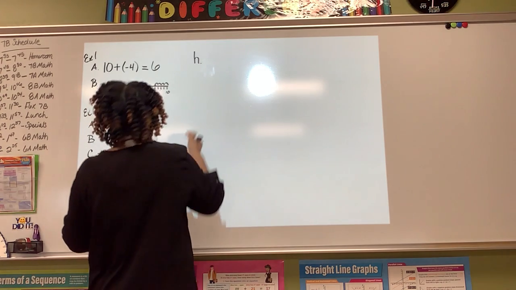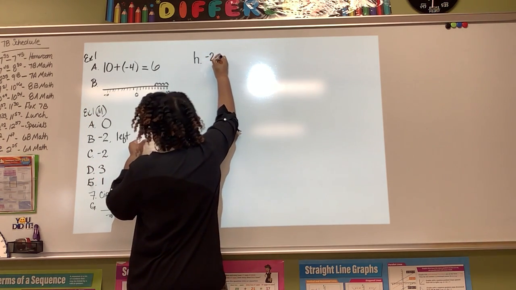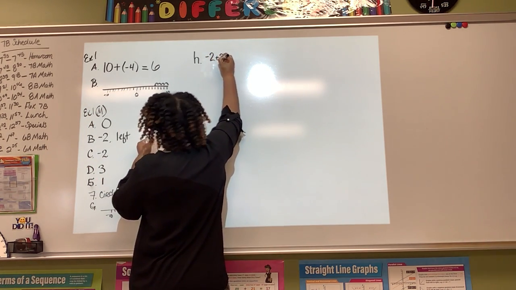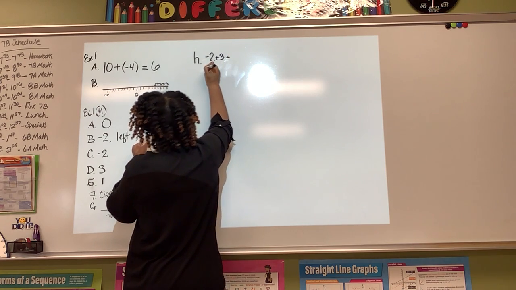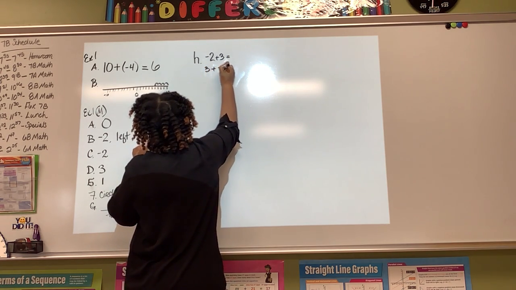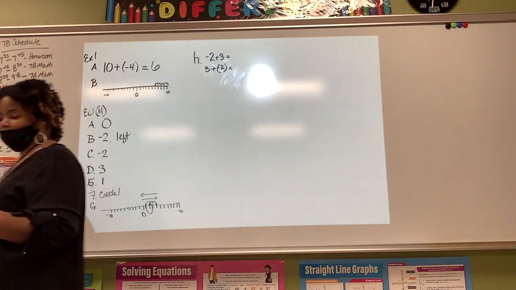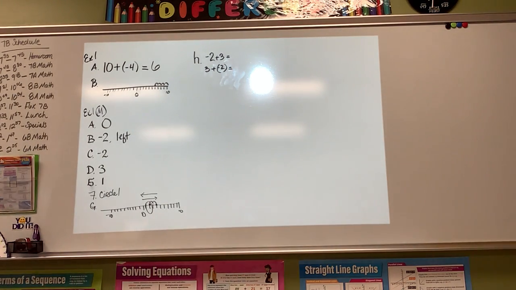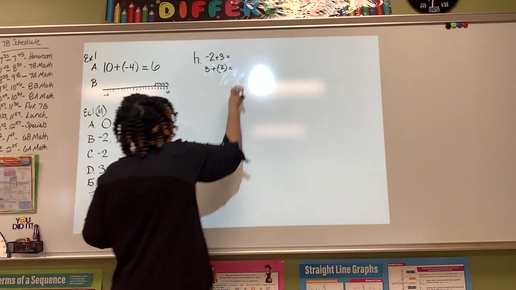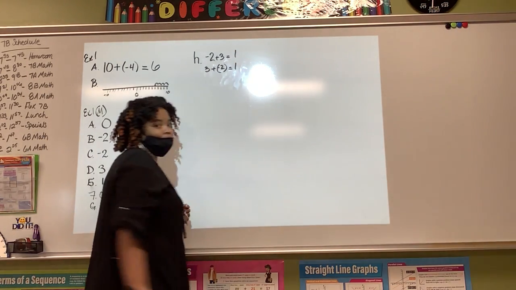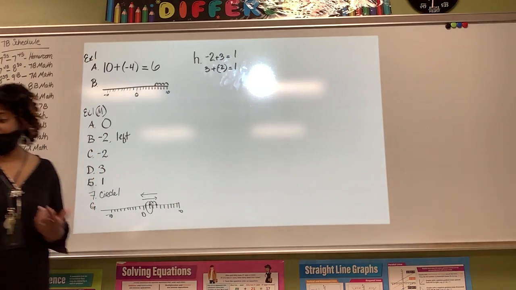So we got -2 plus 3 equals, and then we got 3 plus the -2. What is -2 plus 3? 1. What's 3 plus the -2? Does it matter? No, it does not, because it is the same.